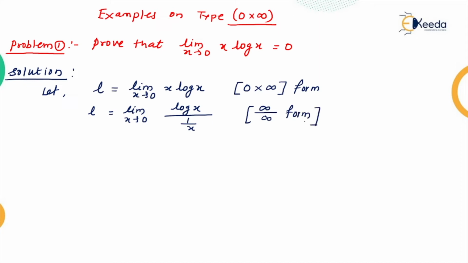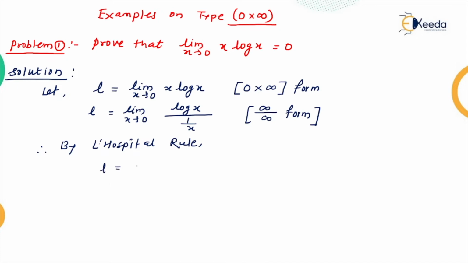I hope you understand this. Now, by applying this adjustment, the infinity by infinity form is there, and therefore by L'Hospital rule.